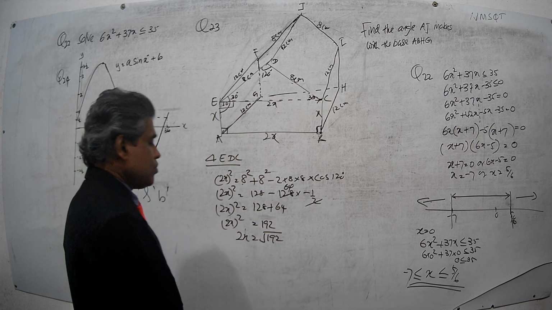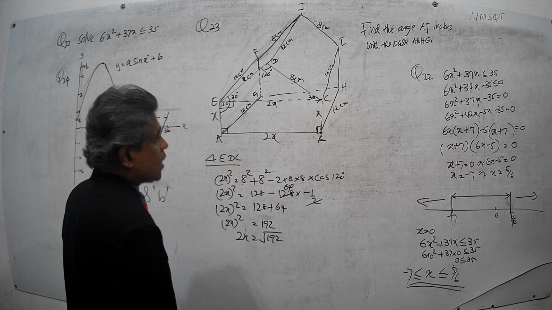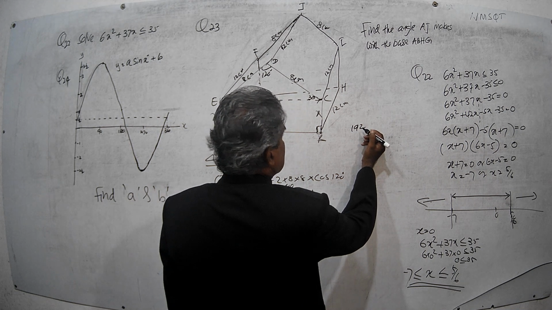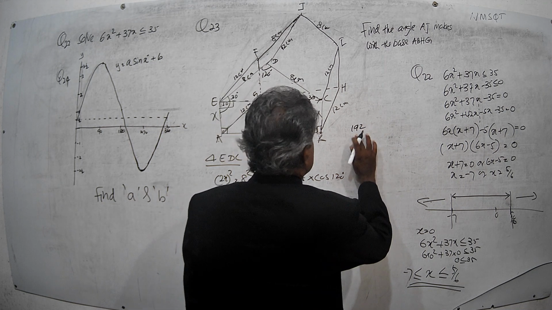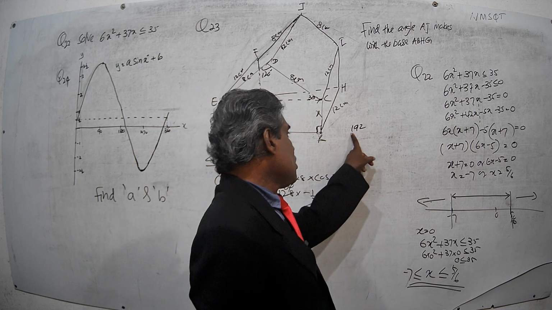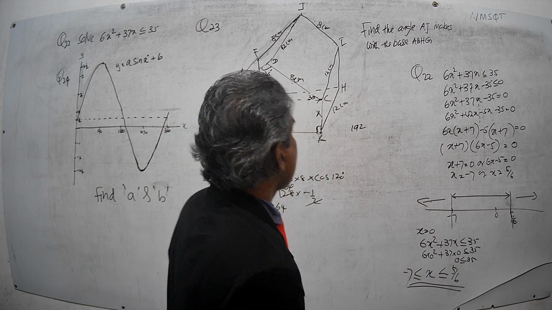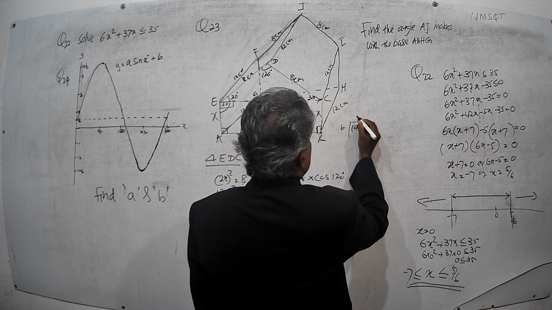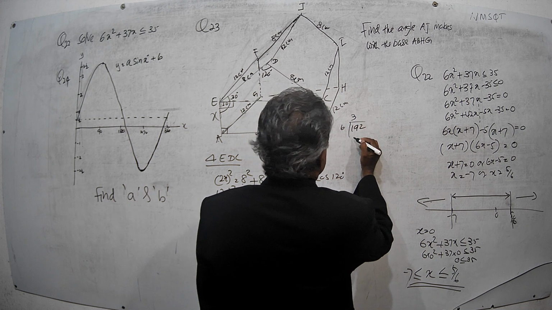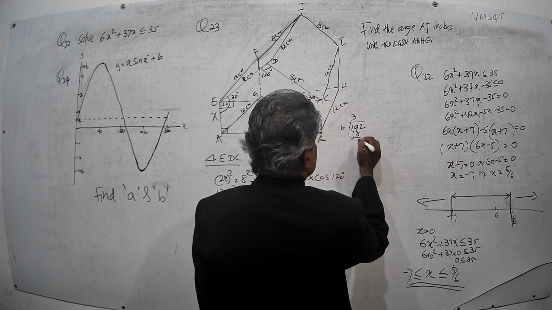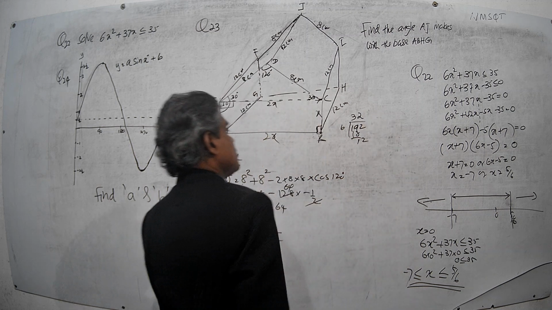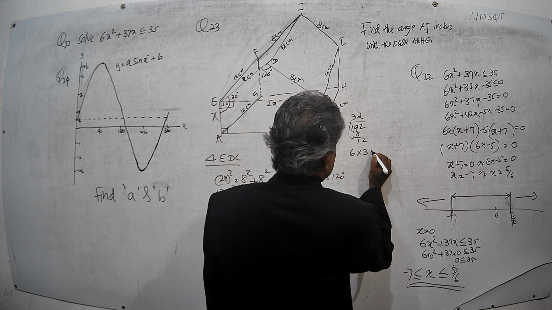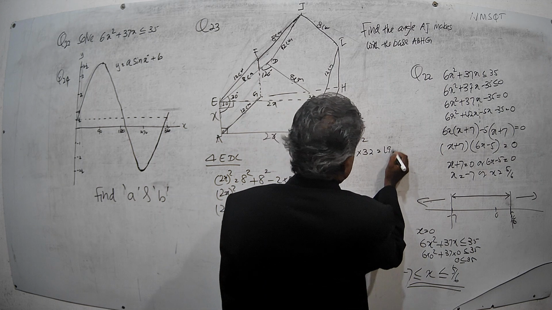Square root of 192. How can we factorize 192? Can you divide this by 4? Can you divide this by 6? Yes, we can. 6 times 32 equals 192.